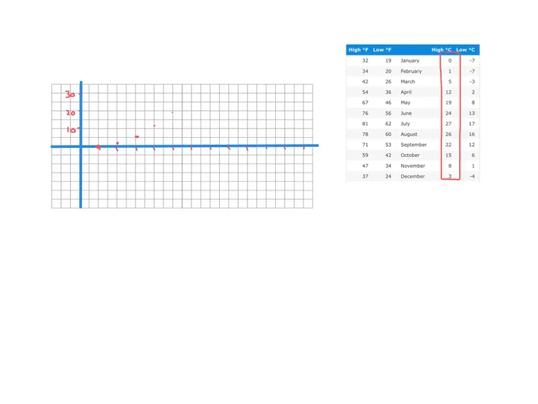June is 24, so about there. July is 27, so you get the idea what we're doing here. August 26, a little bit low. September 22, so now we're coming down again. October 15, that's an easy one, that's on the axis. November is 8 there, and December is 3.